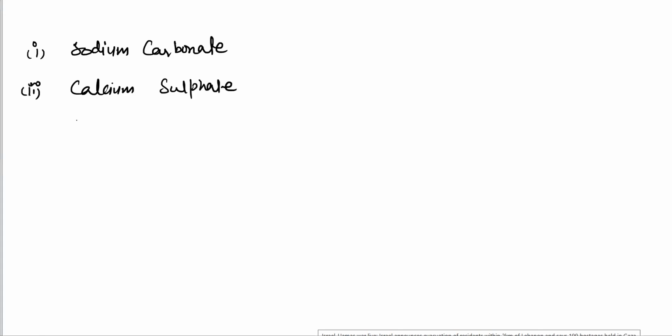Sodium carbonate. Calcium sulfate. Potassium oxide. Hydrogen sulfide.